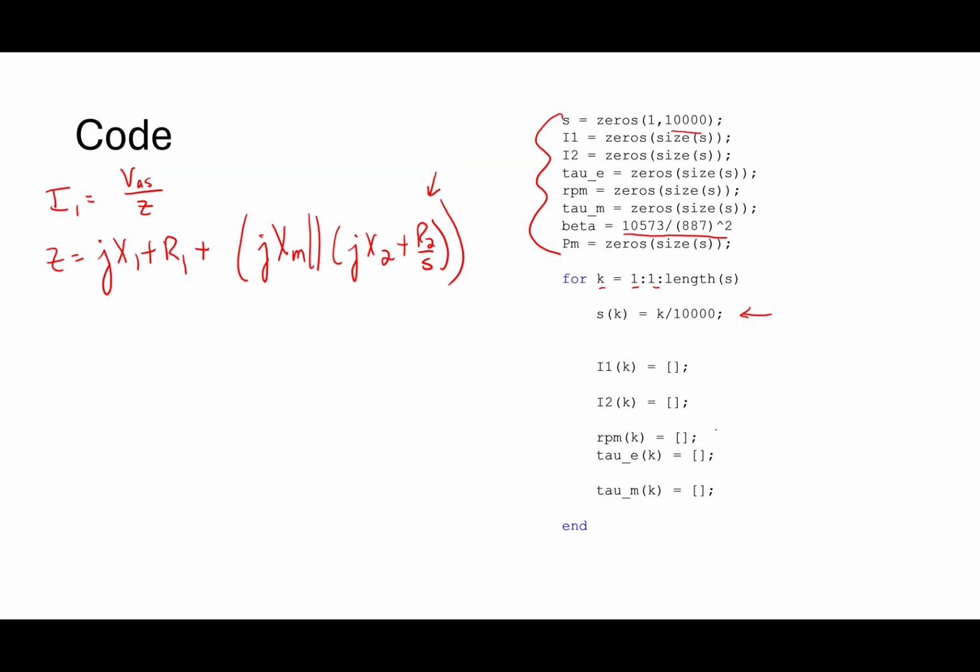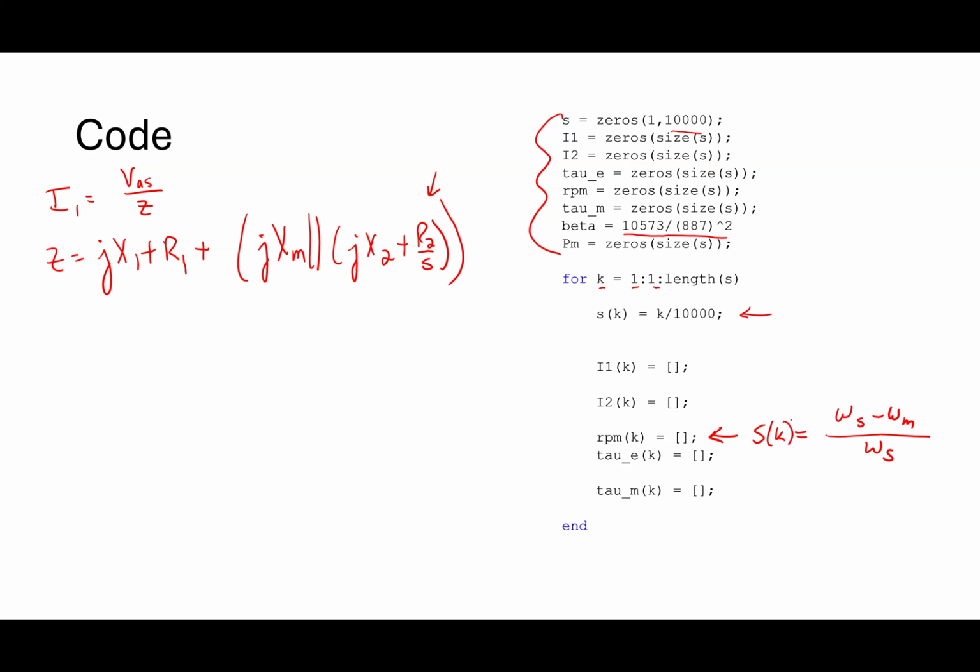Down here, when I calculate the RPM, what do you think I'm doing? For the given slip, I'm figuring out what's the RPM. So what would be the equation that I would need to calculate the RPM? It would be slip equals what? Omega S minus omega M, over omega S. So solve that out.